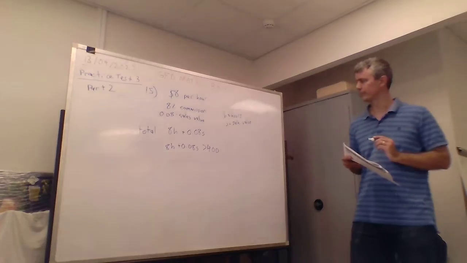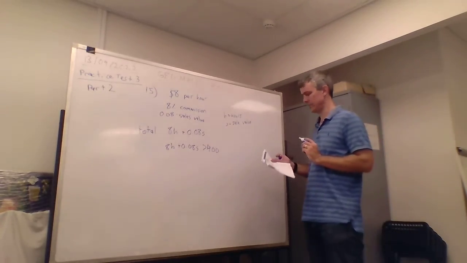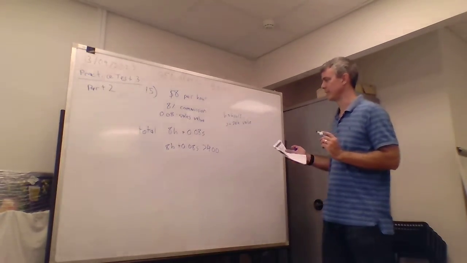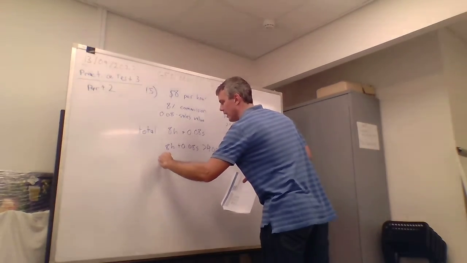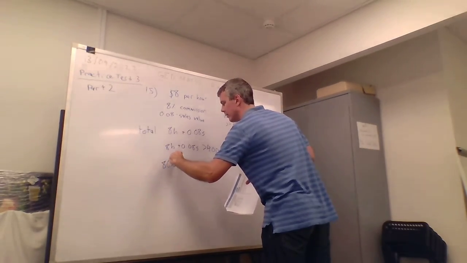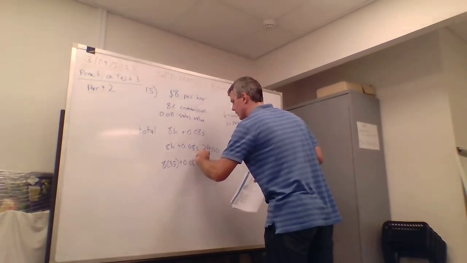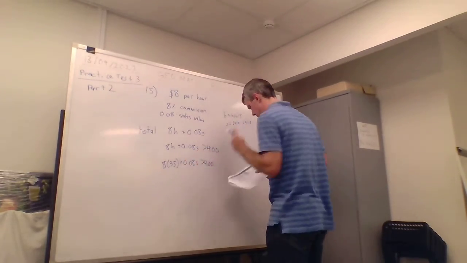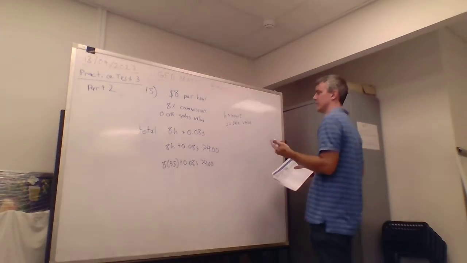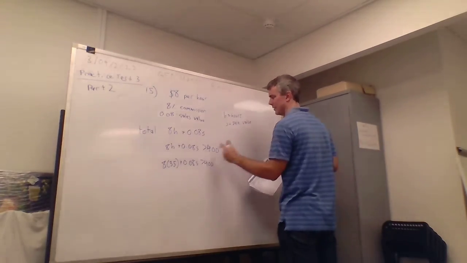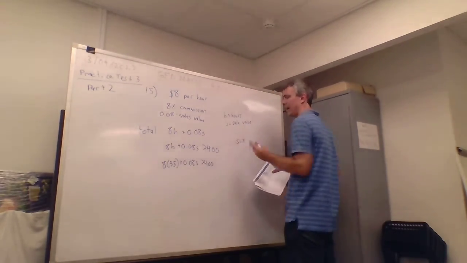Now H is 35. So it's 8 times 35 plus 0.08S greater than 400. Oh, they put S as X. Fine, X is the unknown.